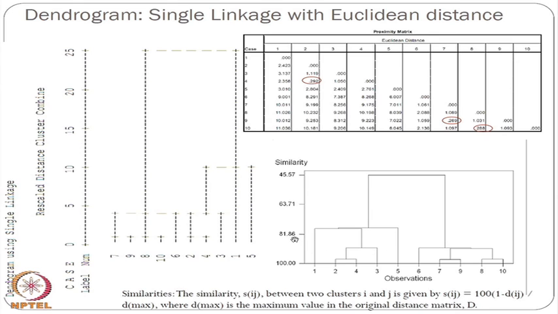So, at the 81.86% similarity level, you can keep 4 clusters. From the dendrogram, you are able to find these 4 clusters. But if you are not happy with 4 clusters, you may want 2 clusters. This is where 2 clusters are formed. And if you want 1 cluster, this is the case, that is 45.57.